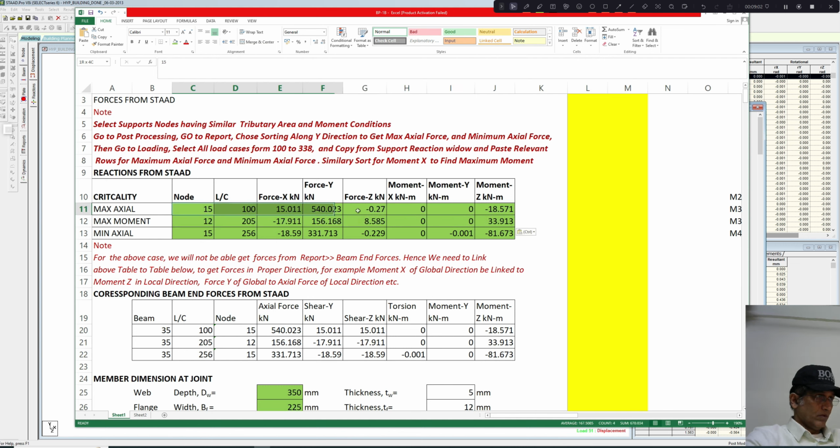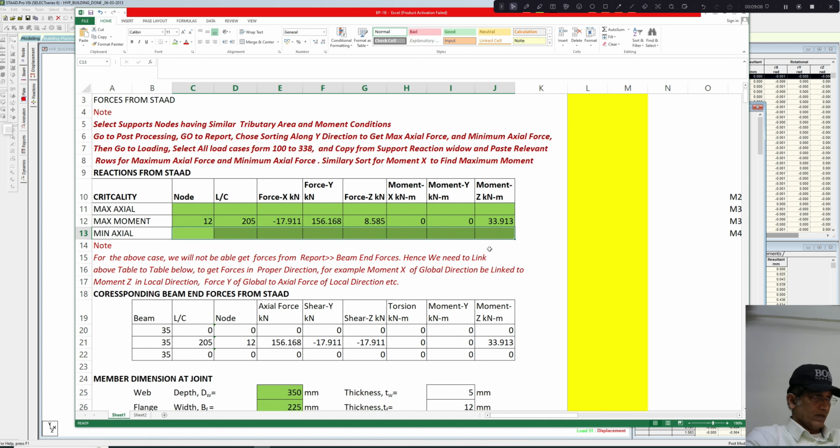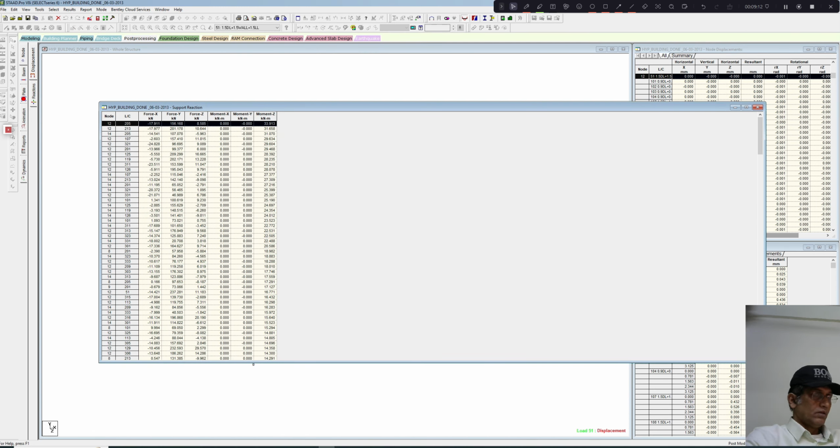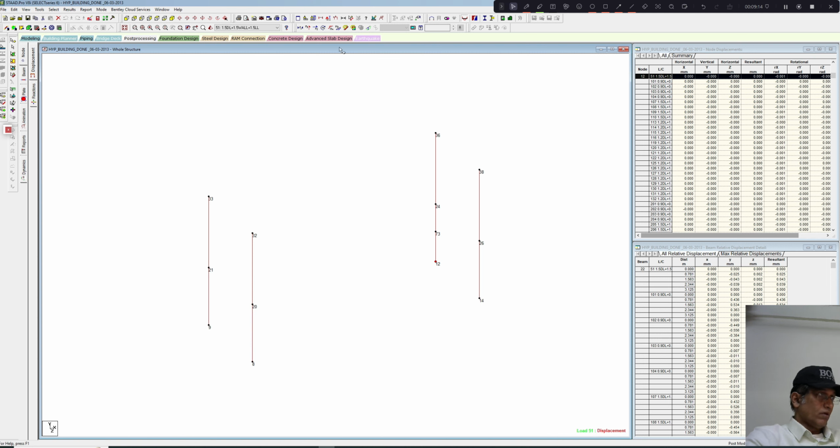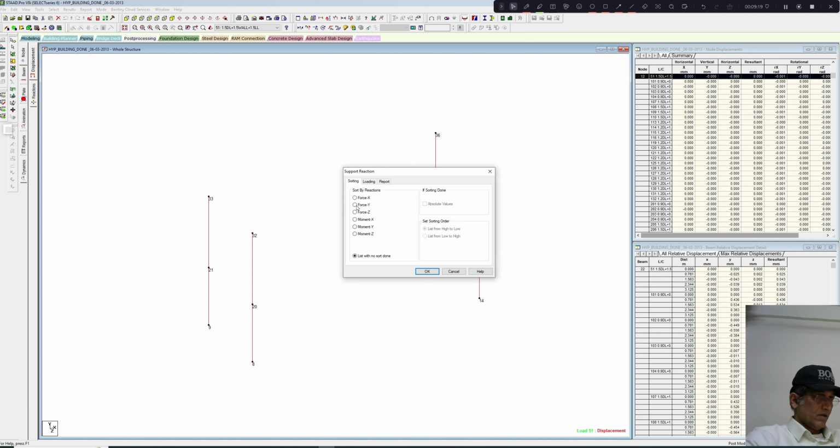Okay. So this we leave blank, so that we know whether whatever we are pasting is proper or not. I can go to report, support reaction, sorting by Y direction, loading again, 51 to 338.